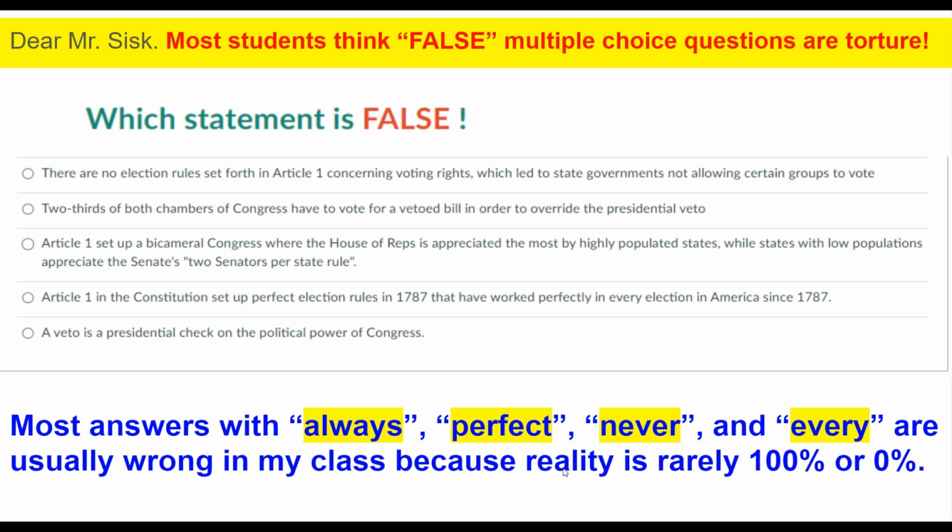So I'm just going to show us that if we don't know something, how we prove it to ourselves instead of guessing. Okay. So the top answer choice: there are no election rules set forth in Article 1 concerning voting rights, which led to state governments not allowing certain groups to vote.